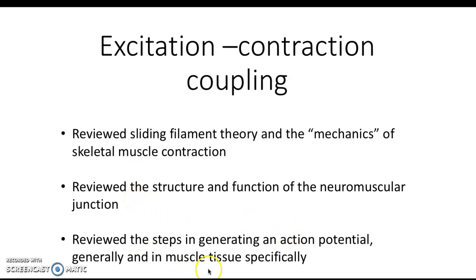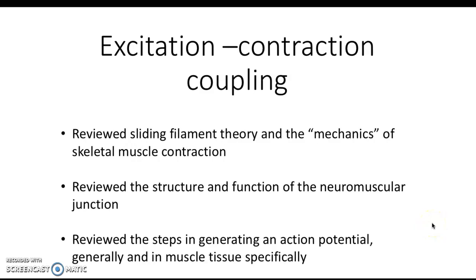And then lastly, we reviewed the steps in generating an action potential, first sort of generally in any excitable tissue. And in this particular first short video, we talked about the steps that are involved in generating an action potential, depolarization and repolarization.